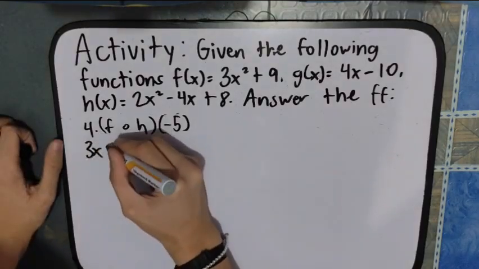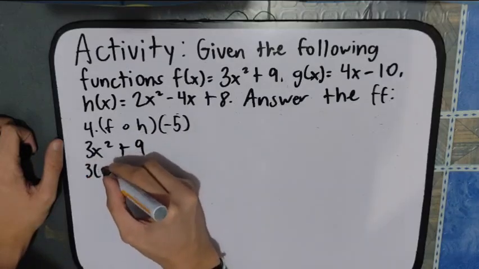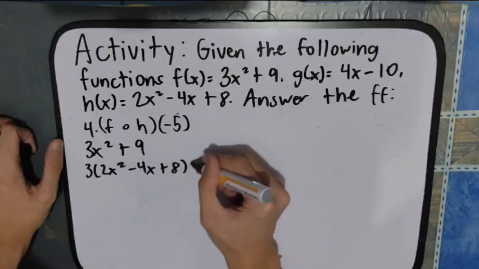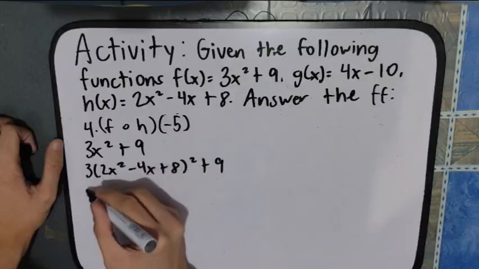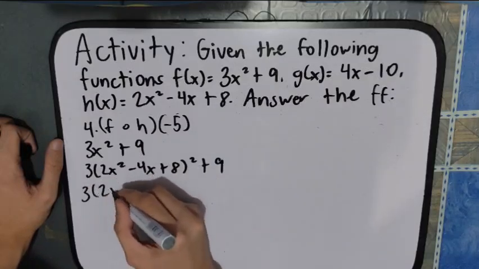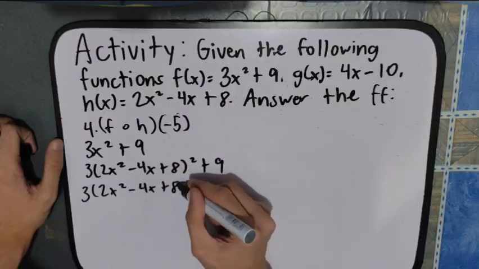Copy 3x squared plus 9 and then substitute x with the output of h of x. 2x squared minus 4x plus 8 squared plus 9. Then this is where it gets long. We need to expand the trinomial.